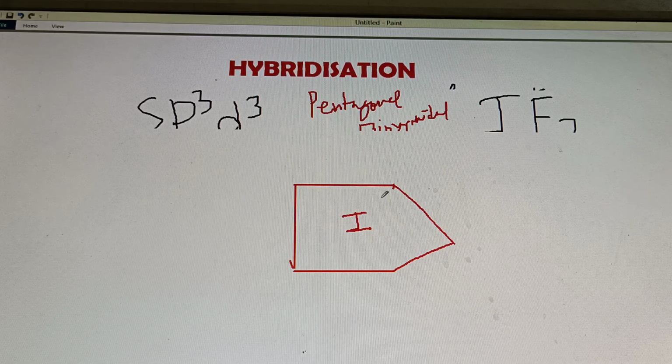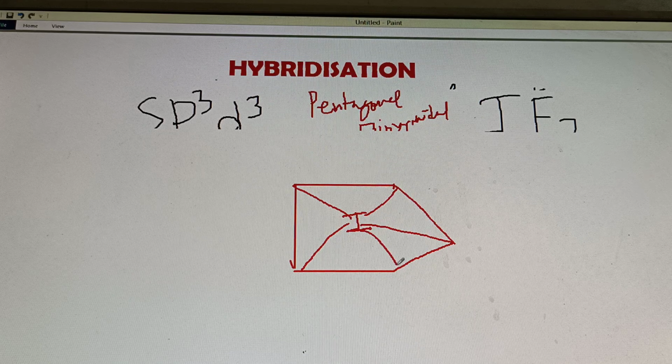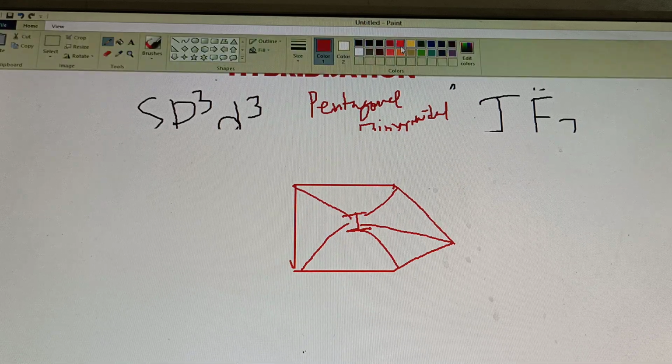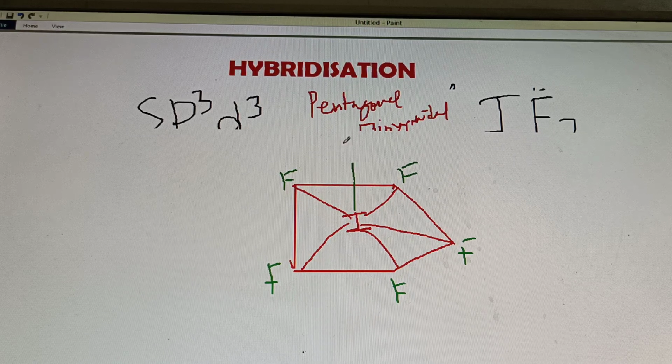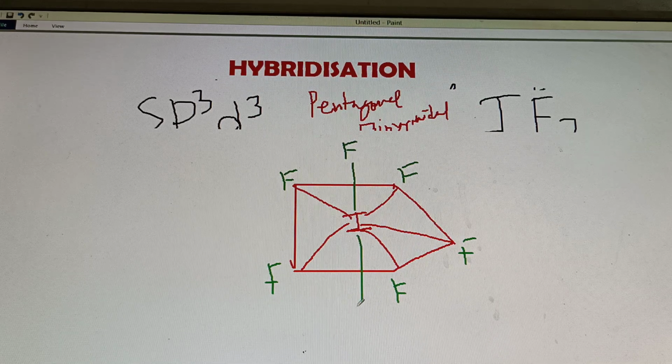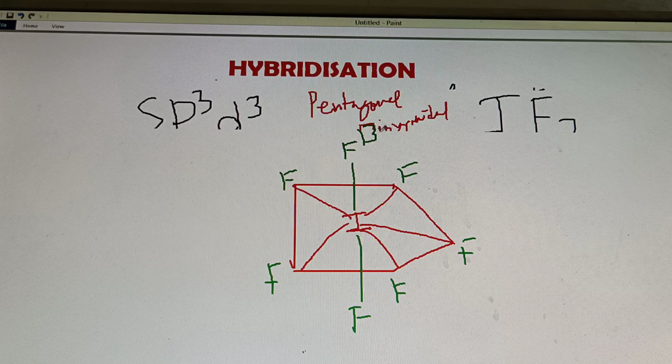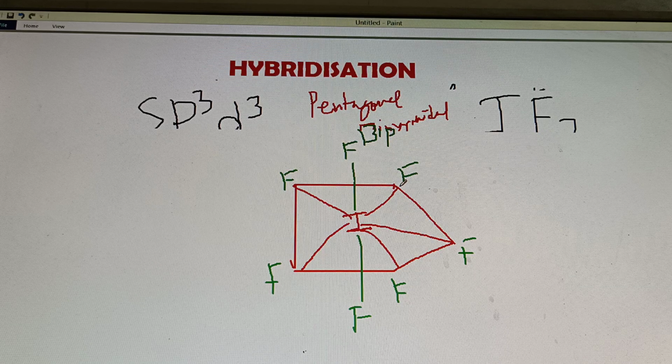Here there are five fluorines, and one fluorine is up and one fluorine is down. So this is the pentagonal bipyramidal structure.